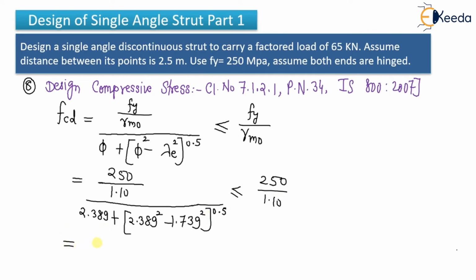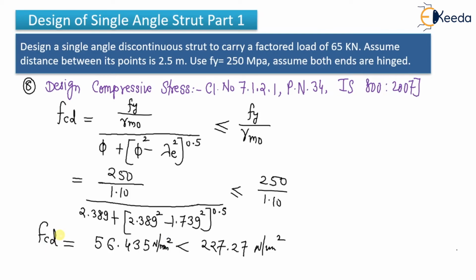So after the calculations, it comes as 56.435, and it is obviously less than 227.27 Newton per mm square. This one is also in Newton per mm square. So fcd value is calculated now.